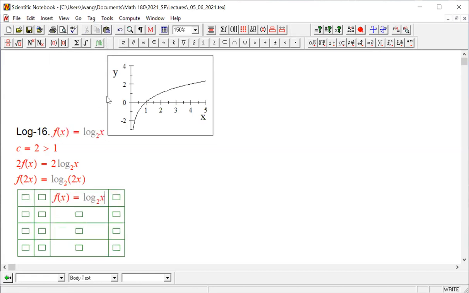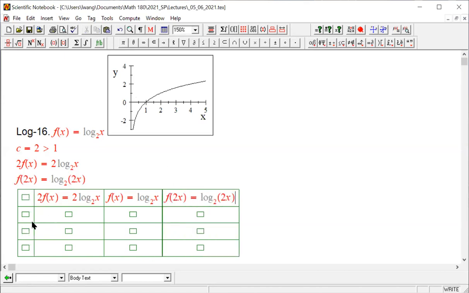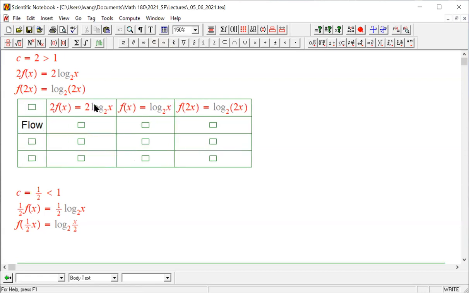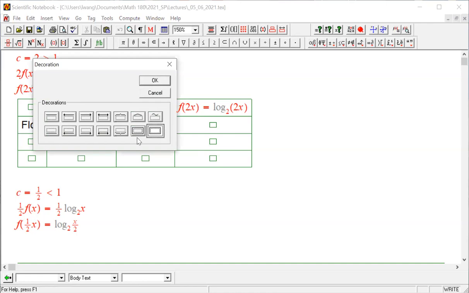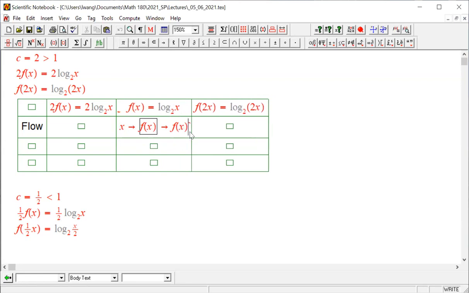The function is still here, right? So we have 2 times f of x, and we have f of 2x, and we're going to have the flow. This process, of course, we've done many times. The input is x, and the output is f of x, that's log base 2 of x.